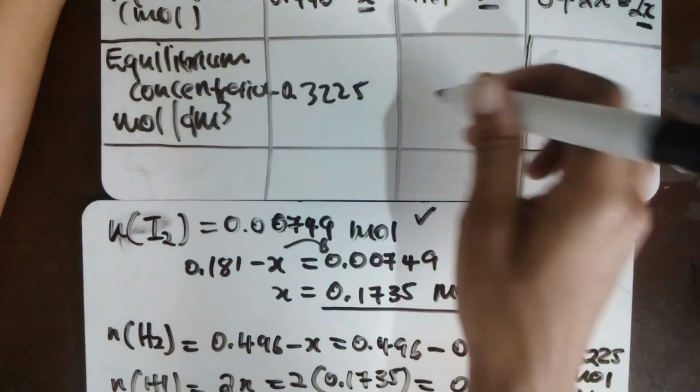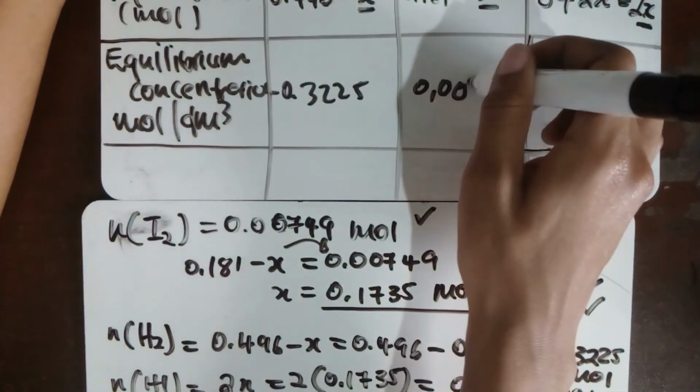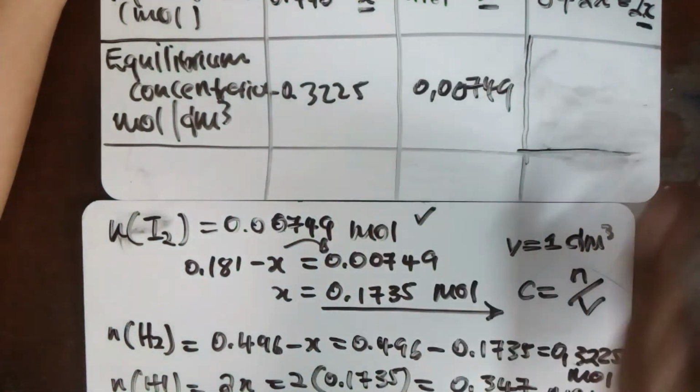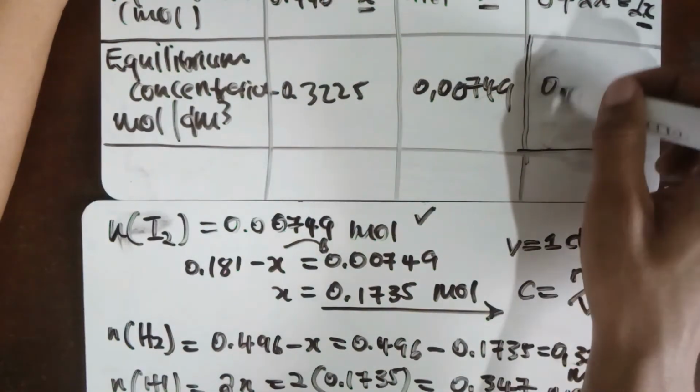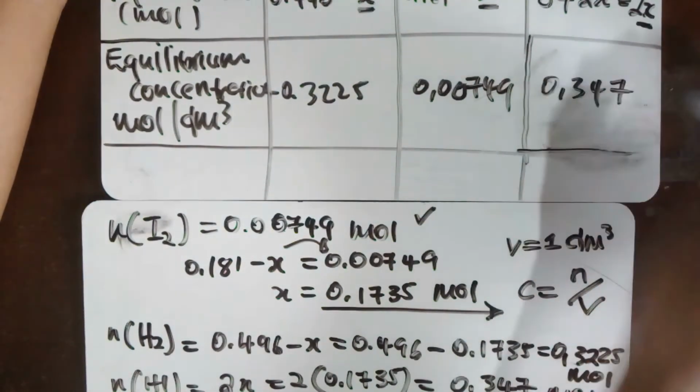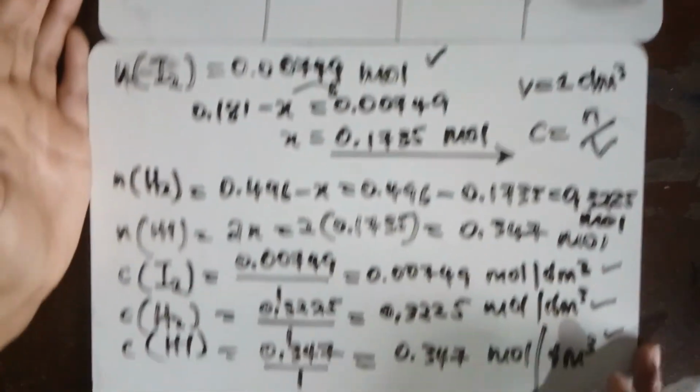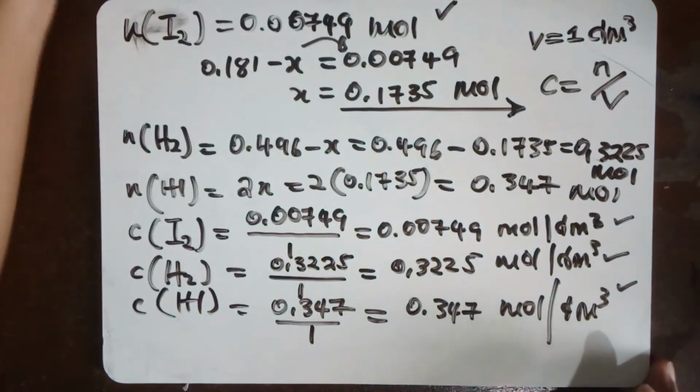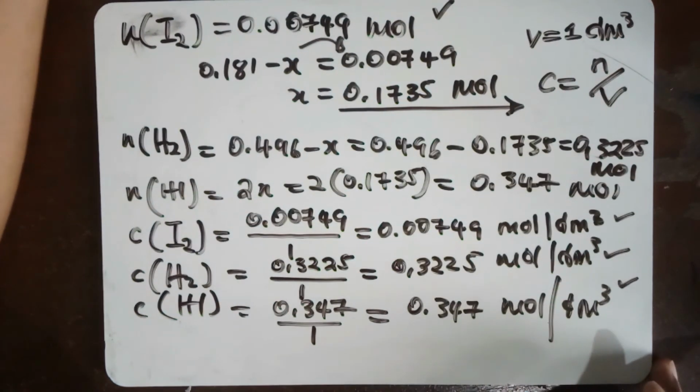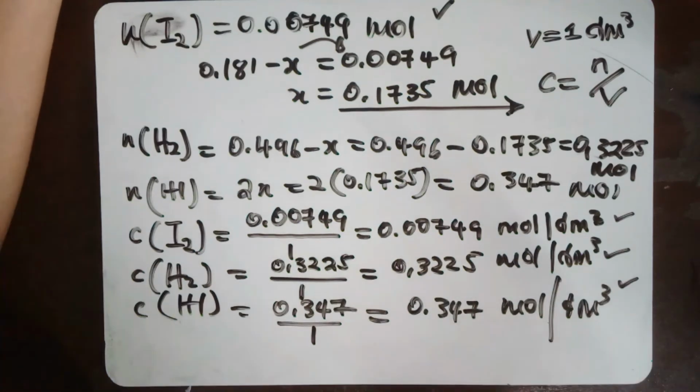For iodine, it's 0.00749. For hydrogen iodide, it is 0.347. So if we have the concentration, it makes our job much easier. It means we can calculate the Kc, right?